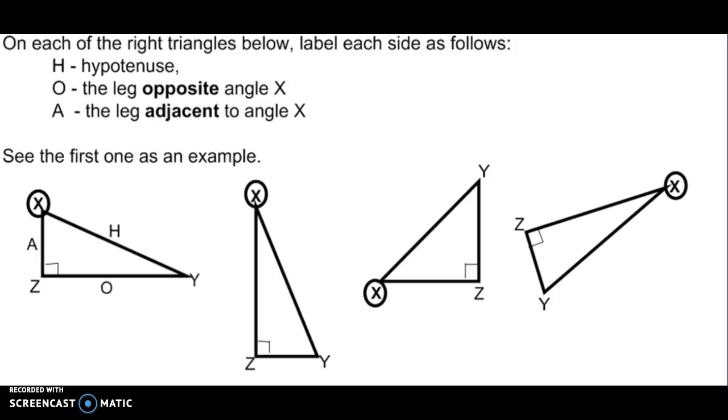So before we get going with those ratios, we're going to start really simply with just labeling right triangles. On each of these triangles below, we're going to label the hypotenuse as H, the opposite leg of angle X as O, and the leg adjacent to angle X as A. Looking at this first triangle here, angle X is the one that's been circled, and the side length that is the hypotenuse is always opposite of the right angle, so it's labeled as H. The side length that is opposite of angle X is the side length that doesn't touch that angle.